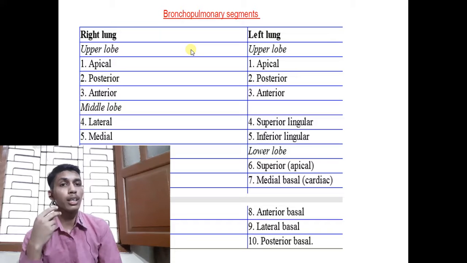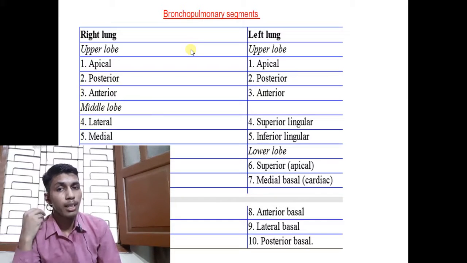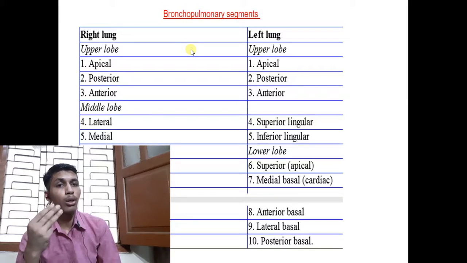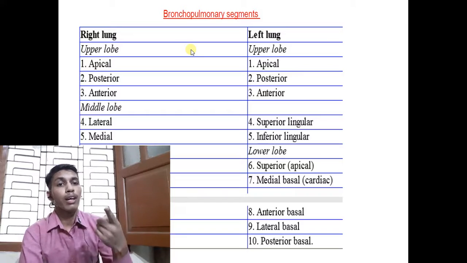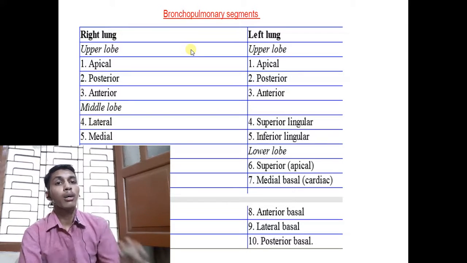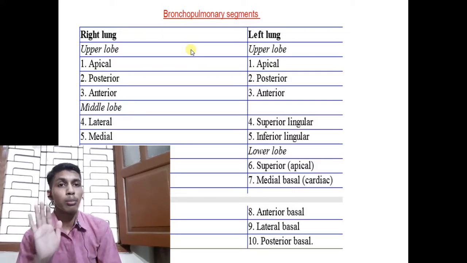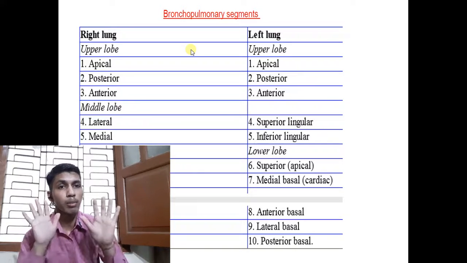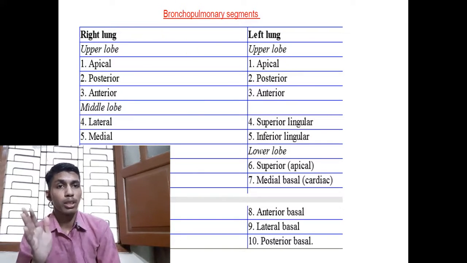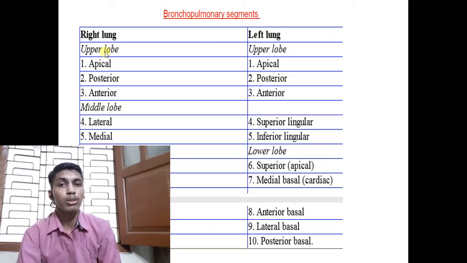So the right lung has two fissures and three lobes, and the left lung has one fissure and two lobes, but the number of bronchopulmonary segments remains the same, 10 in both lungs.